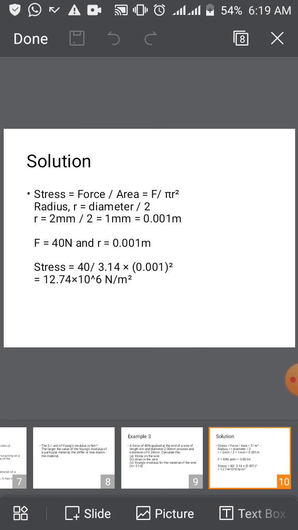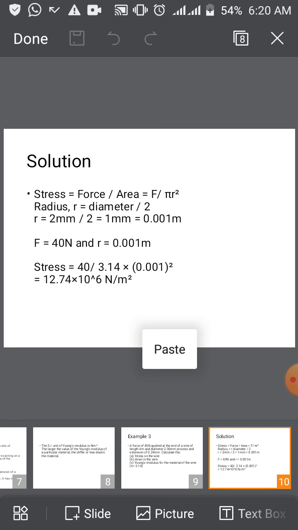Now, F is equal to 40 Newton and R is equal to 0.001 meter. And remember that pi is equal to 3.14.